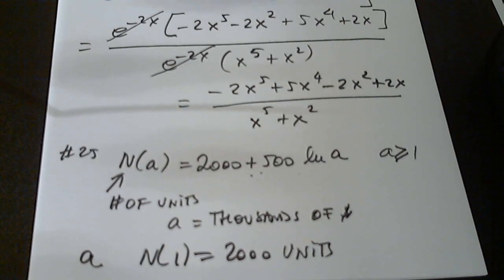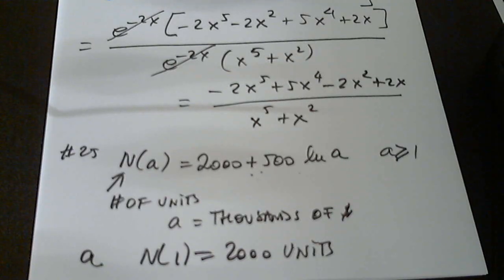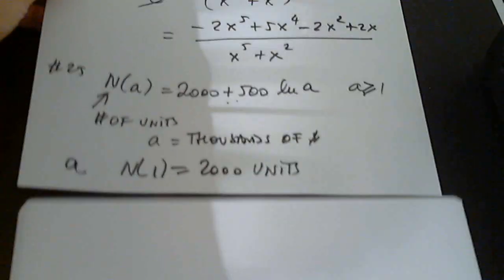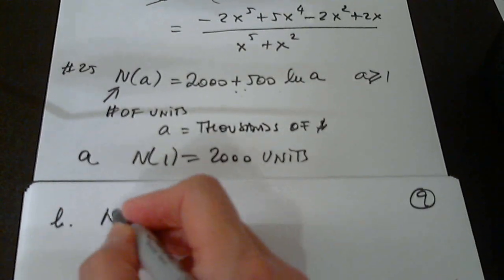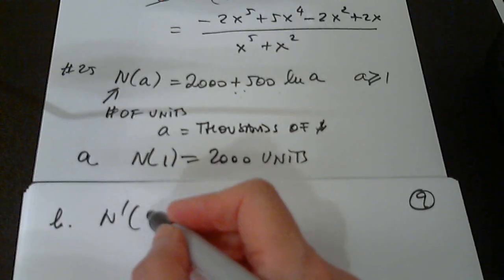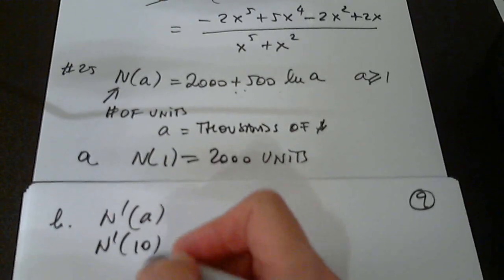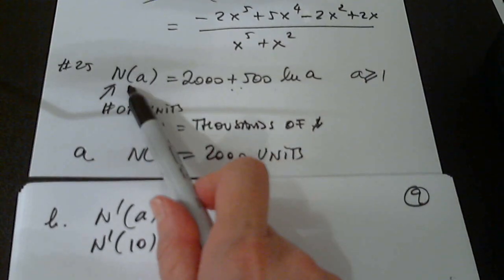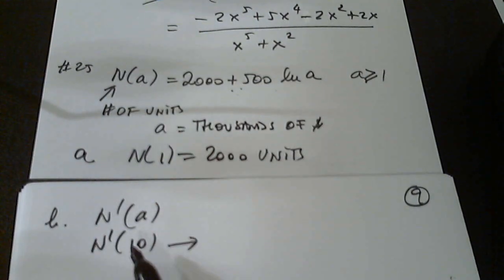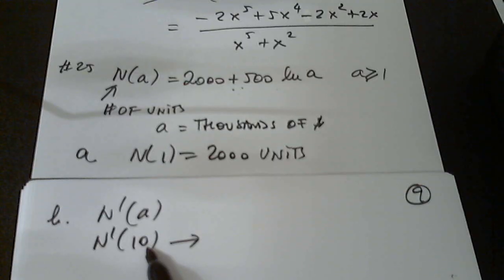Find N prime of A and N prime of 10. And then we'll see the rest in a minute. So they want us to find in part B N prime of A, and they want N prime of 10, which means the rate of change of the number of units sold when we spend 10,000 on advertising.